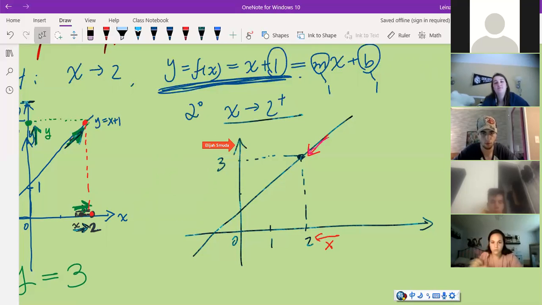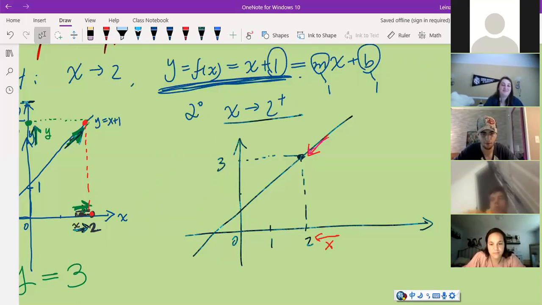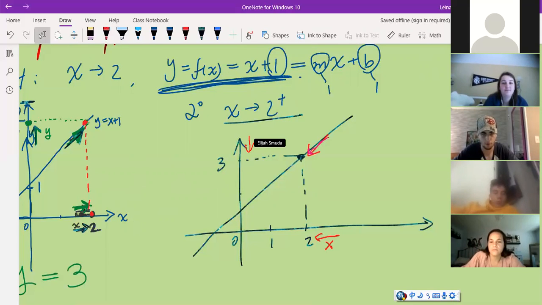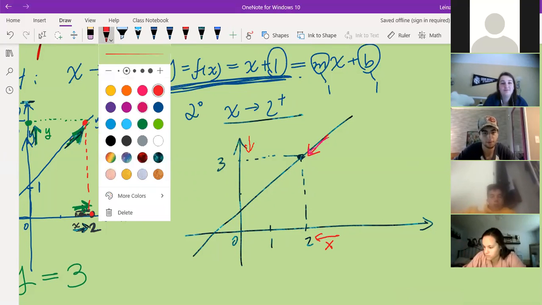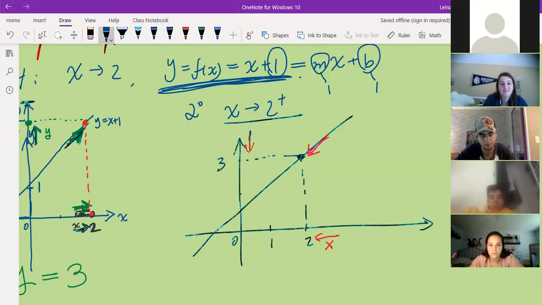Yeah, Elijah, I see the two big arrows. The y's are vertical, right? Are they going up or going down on the y-axis? Yes, thank you, Elijah. Yes, for the y value, they're actually going downward. Even though they're going downward, they are getting close to this dot 3, right?